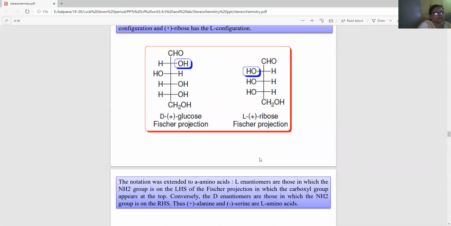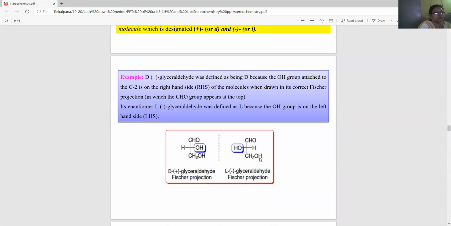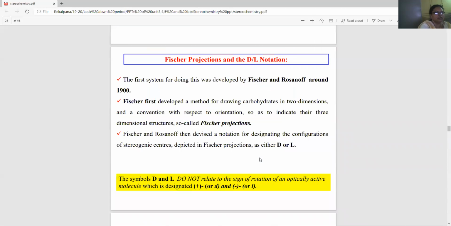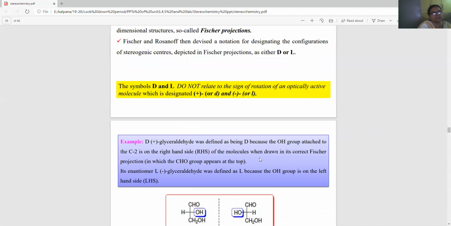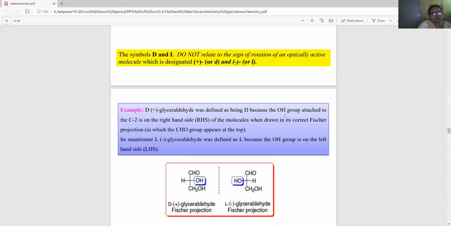So if you take an example, glyceraldehyde was defined as D because the OH group attached to the C2, so this is carbon, is on the right hand side of the molecule when drawn in its correct Fischer projection.